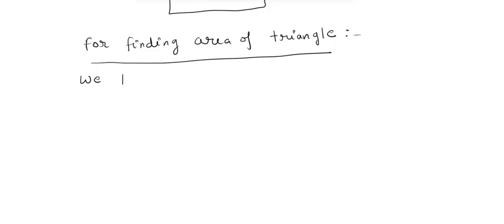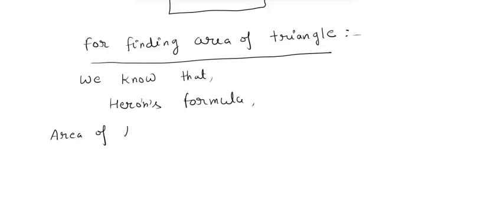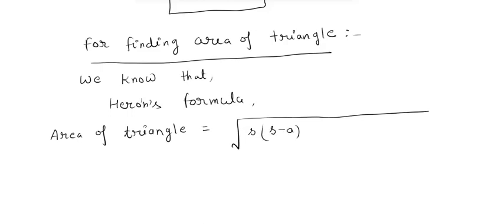So we know that Heron's formula, area of triangle is equal to square root of semi-perimeter multiply semi-perimeter minus side into semi-perimeter minus side into semi-perimeter minus side.